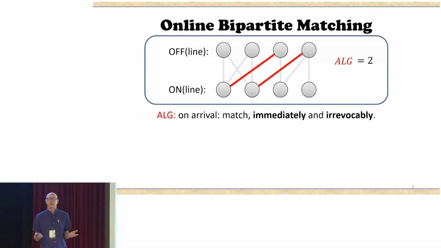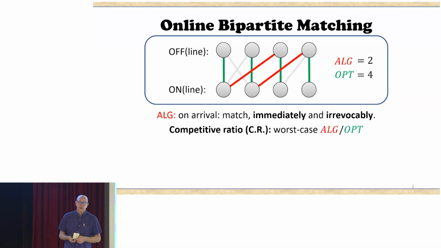So the online matching has only two edges, while the optimal algorithm can match four green edges. Our competitive ratio is defined to be the ratio between the number of edges that ALG matches versus OPT.